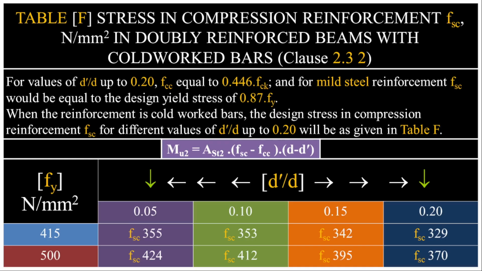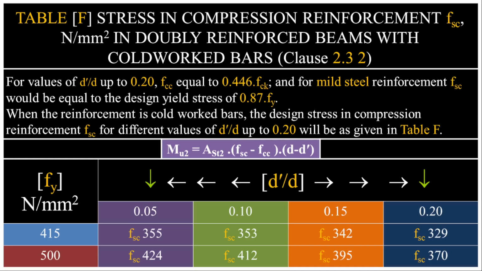And at d'/d equals 0.20, fsc is 329. Now, for a yield strength of 500 Newton per square millimeter, at d'/d equals 0.05, fsc is 424.